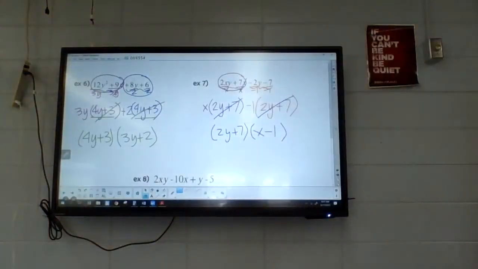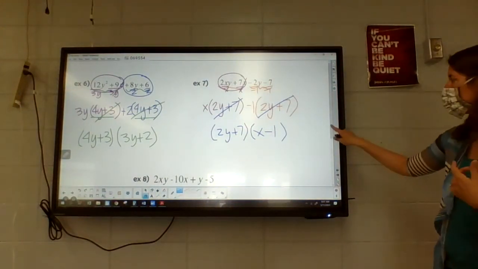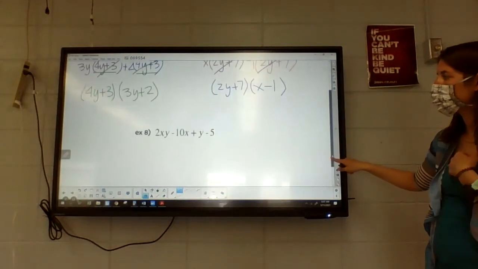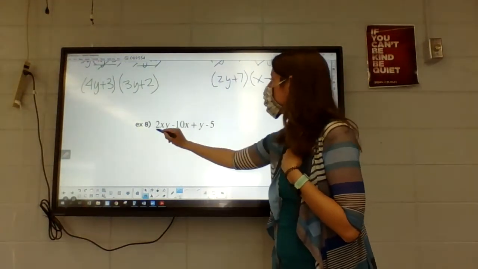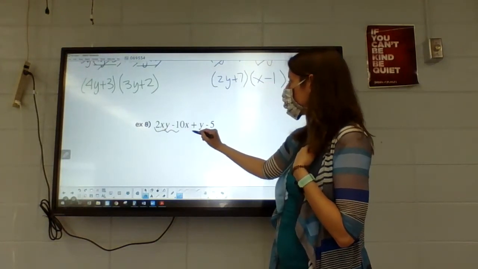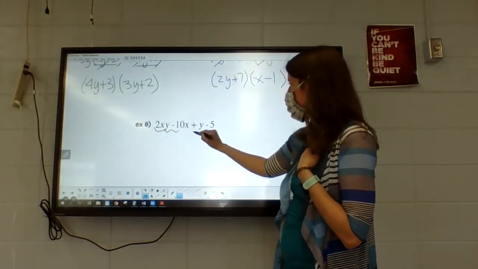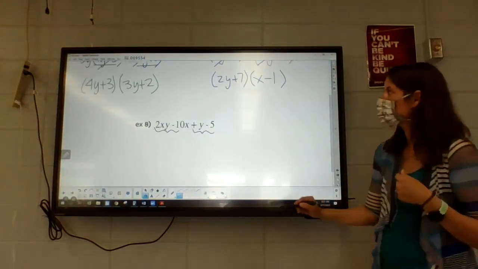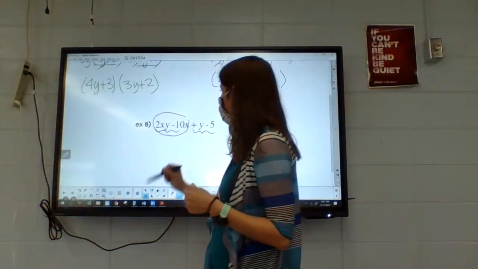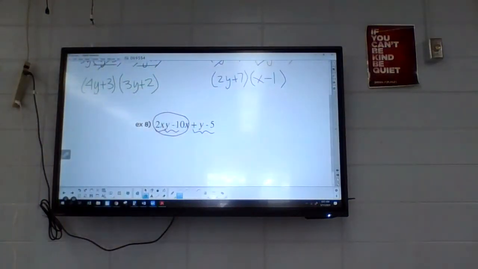And then this last one's another tough one, so I kind of finished up with two tougher ones here. So group this into two terms. Out of those first two, I can take out what?